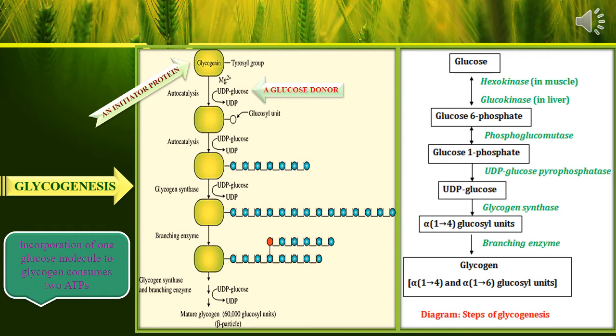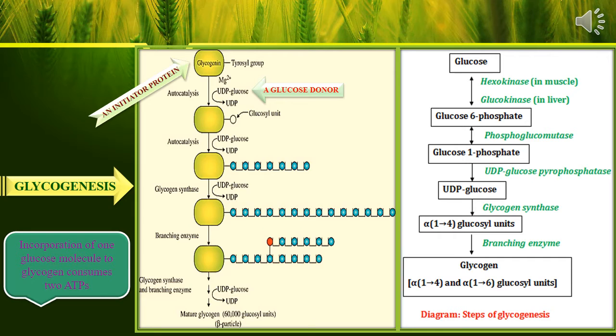In the second image you can observe the short representation of glycogenesis: what enzymes are involved, and what products and intermediates are formed to synthesize glycogen. In the glycogenesis process, incorporation of one glucose molecule into glycogen consumes 2 ATPs, where UDP uses ATP.